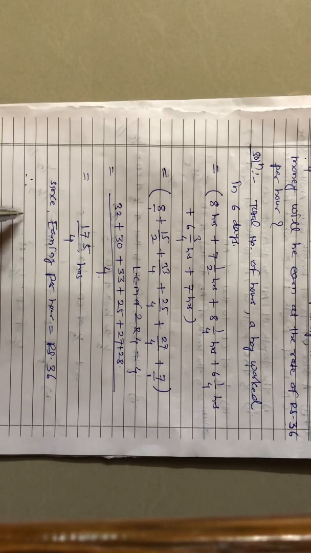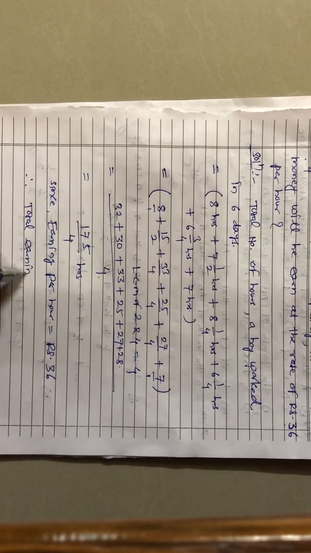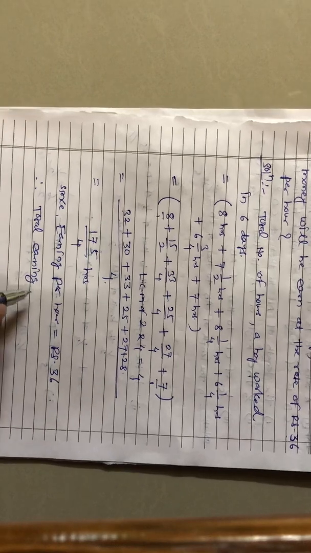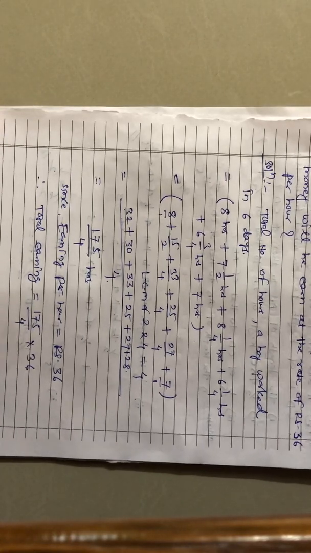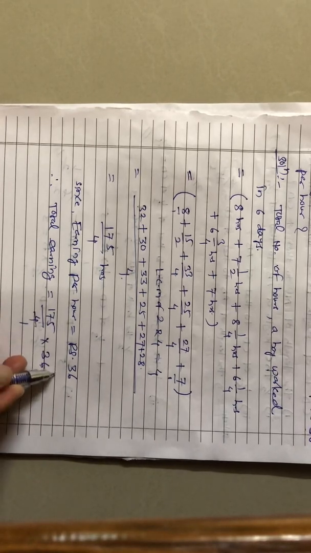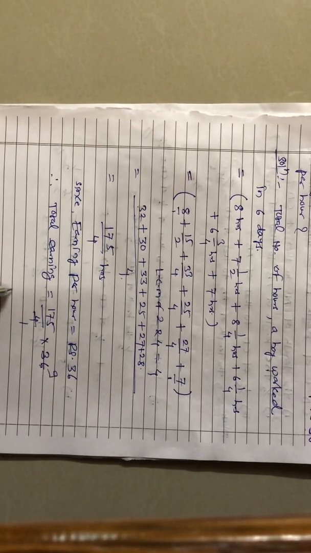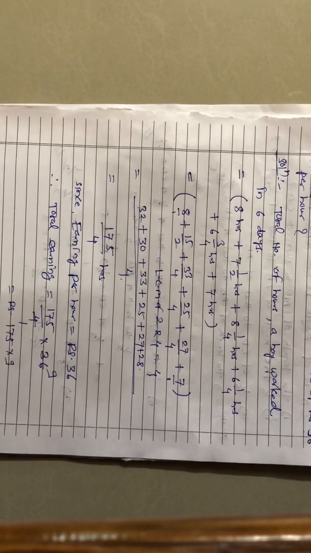Therefore, the total earning of the boy in 6 days is equal to 175 divided by 4 multiplied by 36. So 4 ones are 4, 4 nines are 36. So which is equal to rupees 175 multiplied by 9.